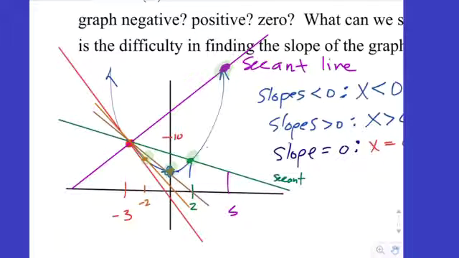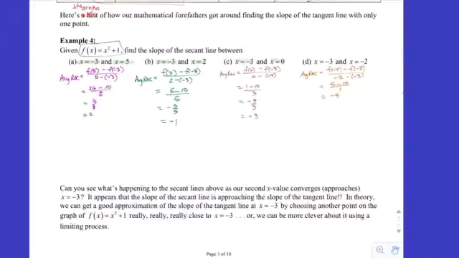And as long as I continue to do that, but keep it as 2 distinct points, I can continue to use the algebra slope, the difference quotient, the change in the two y values over the change in the two x values. And as I do that, the secant line is going to become a better and better approximation of the tangent line.